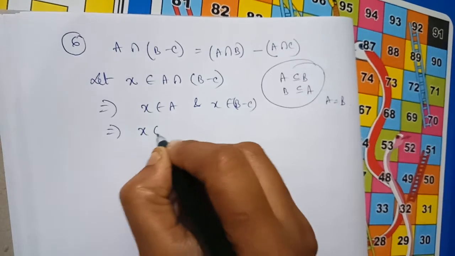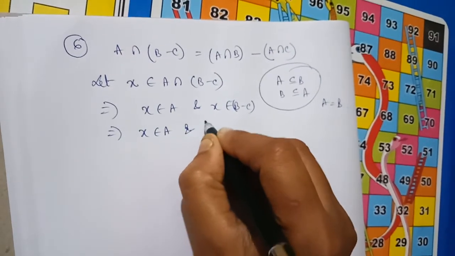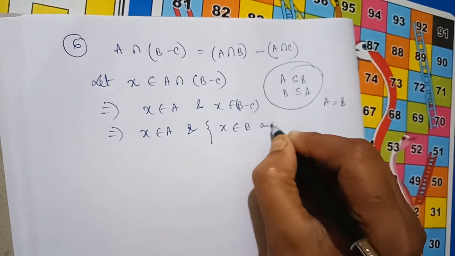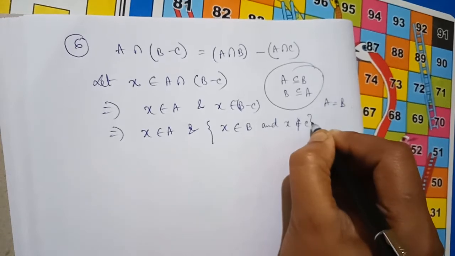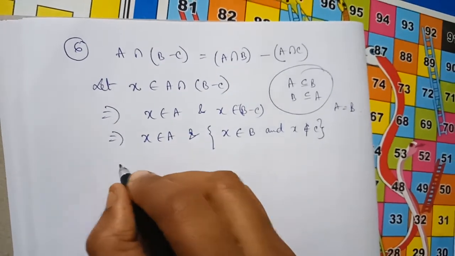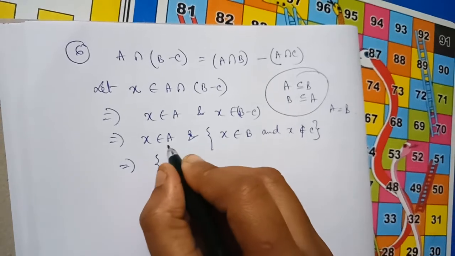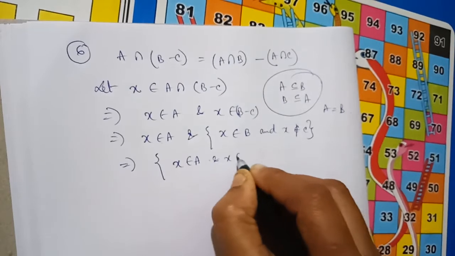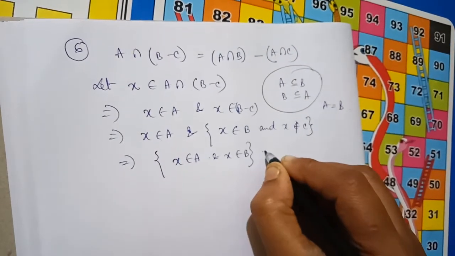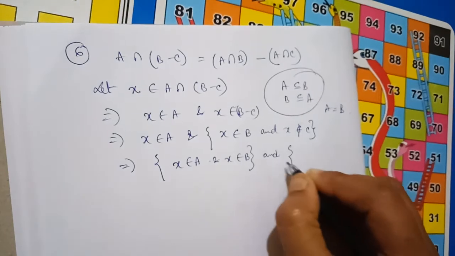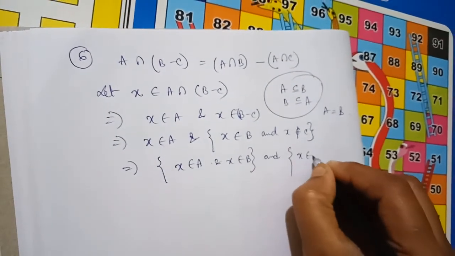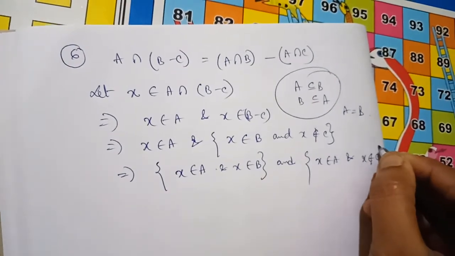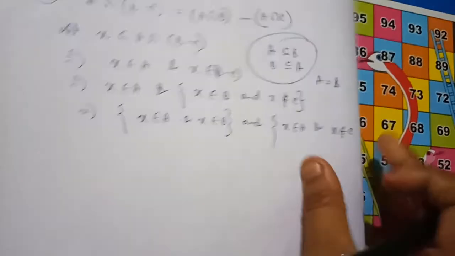Therefore x belongs to A, and for this x belongs to B and x doesn't belong to C. I am taking these two together: x belongs to A and x belongs to B, and I am repeating it, x belongs to A and x doesn't belong to C.